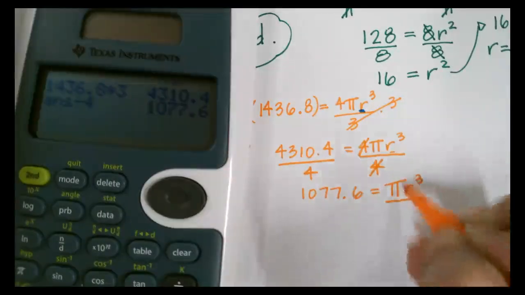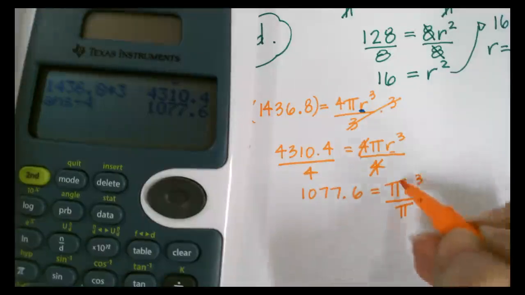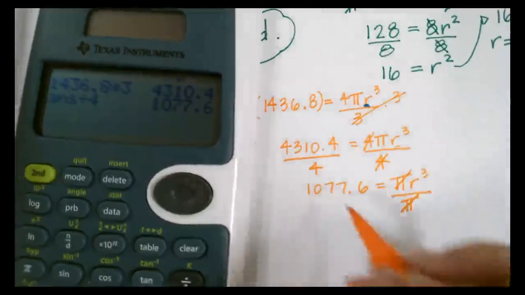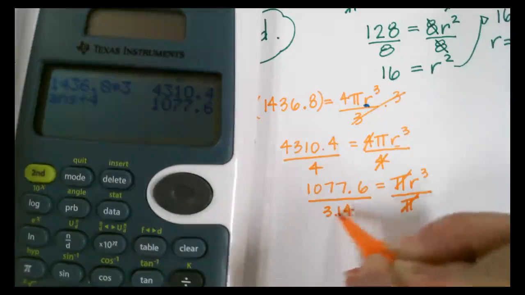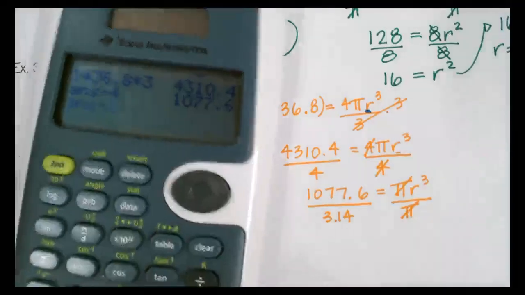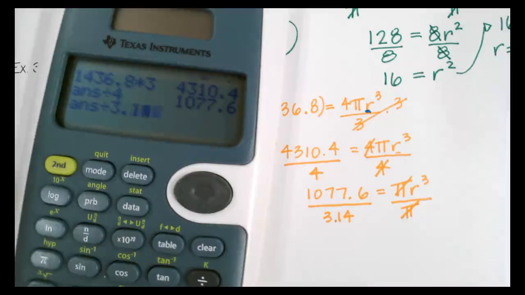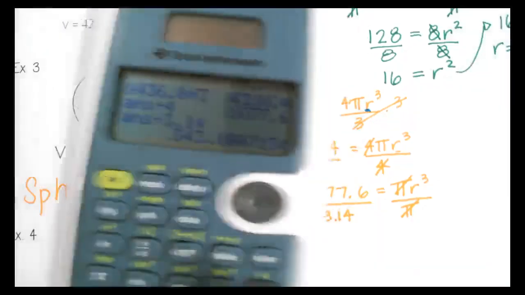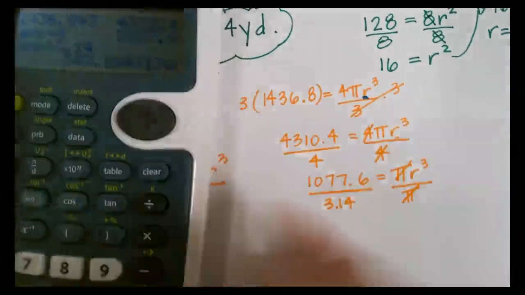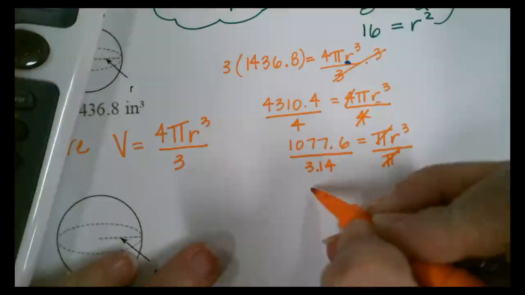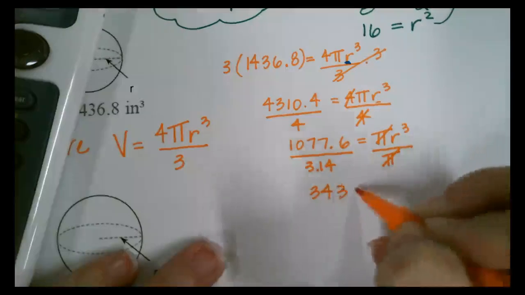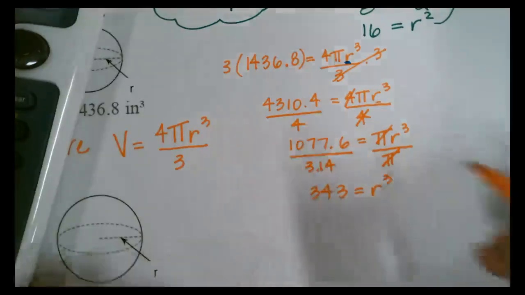So this time, I'm going to divide by pi, so that will cancel. But over here, I'm going to say that I'm dividing by 3.14. All right, so now I got 343. And again, we're going to ignore those decimals for these questions. So 343 equals r cubed.